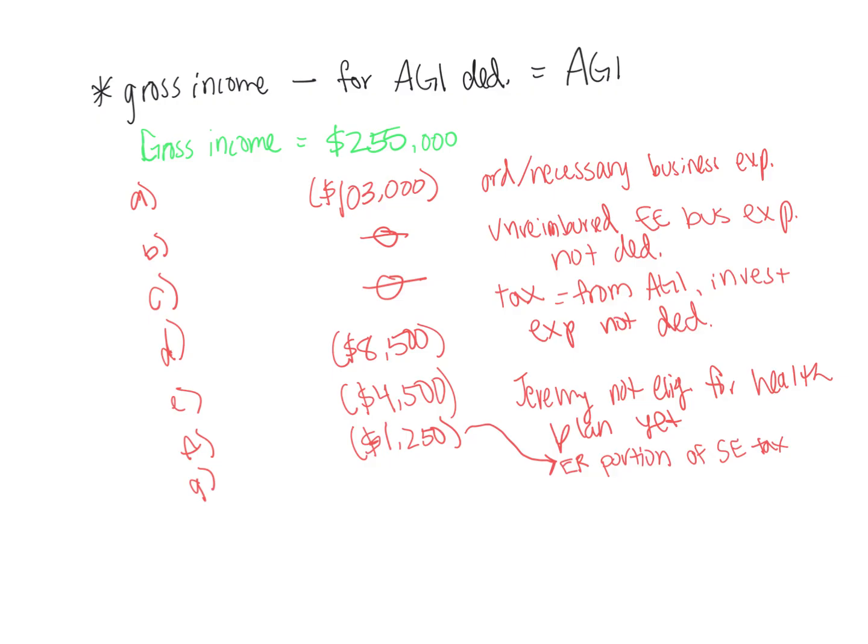So just keep that in mind. Also, payments that are considered alimony do not include child support payments. So that is helpful in determining what can be deducted for AGI. For letter G, the amount that can be deducted is $5,000, because that $5,000 was specifically labeled as alimony.